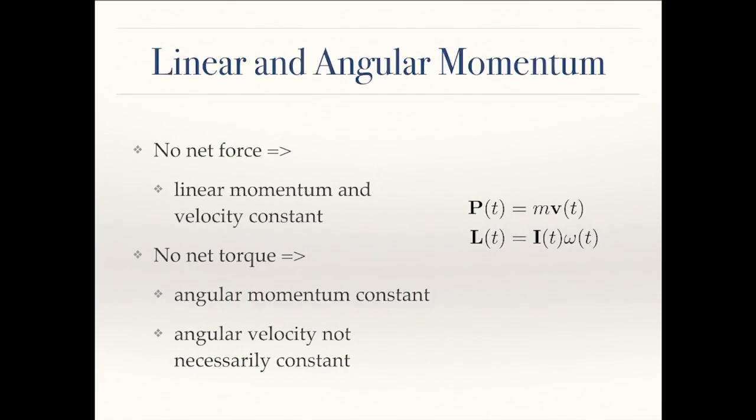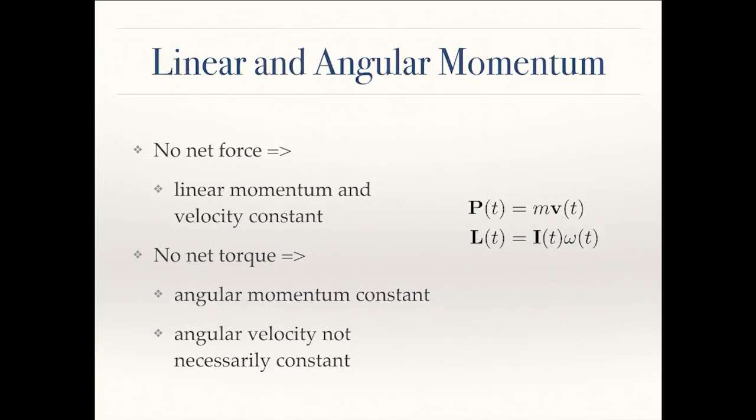So this is just reiterating that when it comes to rigid bodies, the angular components take a lot of thinking about. They're not quite as intuitive as the linear components. For the linear component, if there's no net force, linear momentum will be constant and linear velocity will be constant. But for the angular component, if there's no net torque, angular momentum will be constant, but angular velocity won't necessarily be constant.